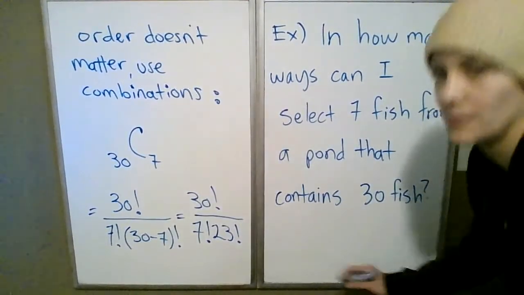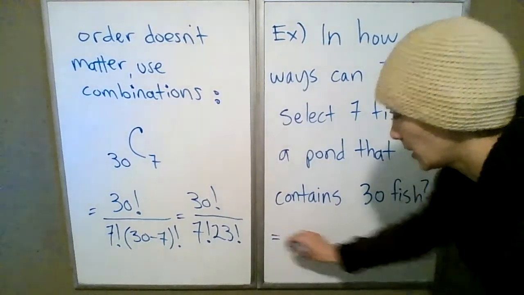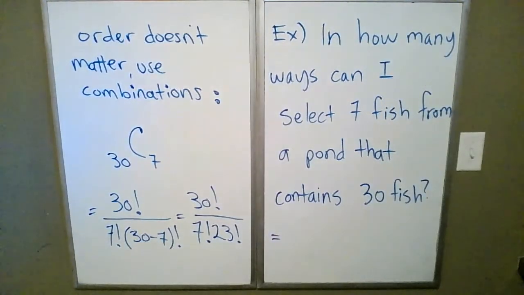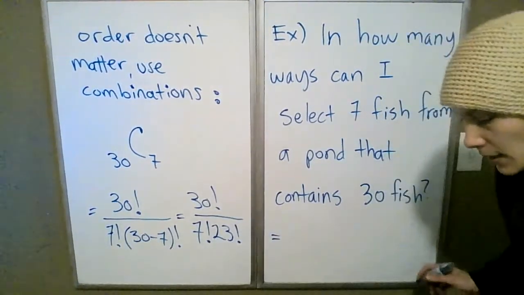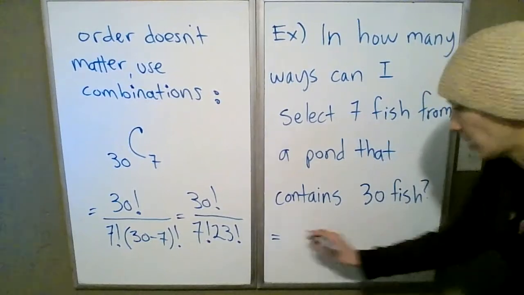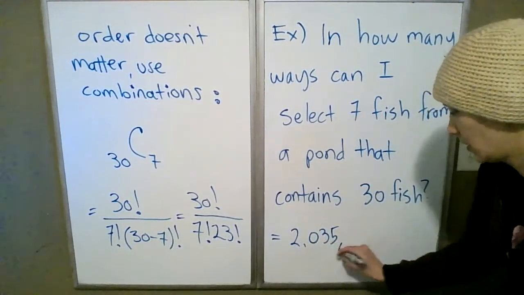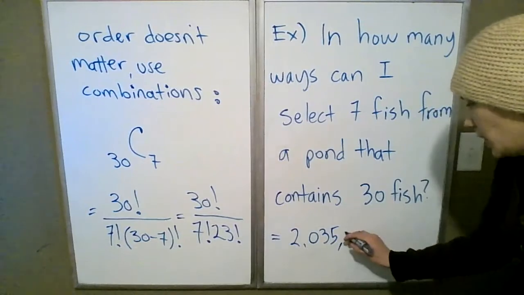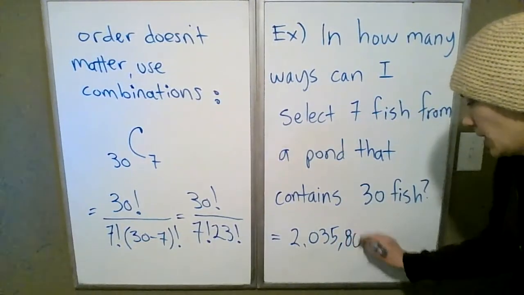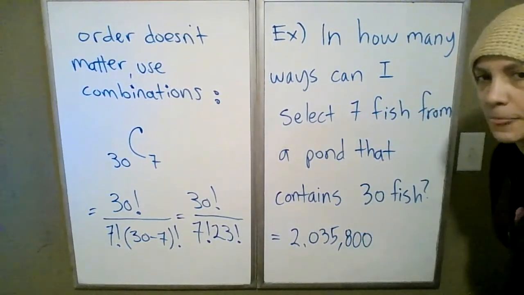Okay, well, I just put this in and got the result. It is 2,035,800 different ways to pick 7 fish from that pond.